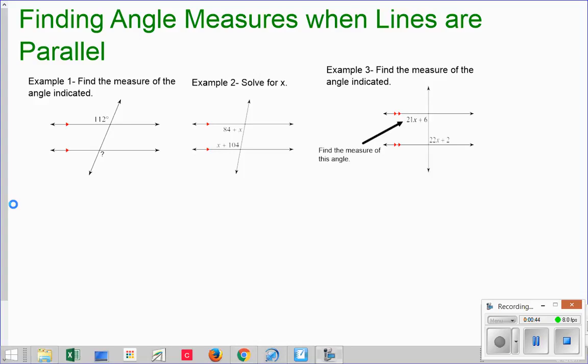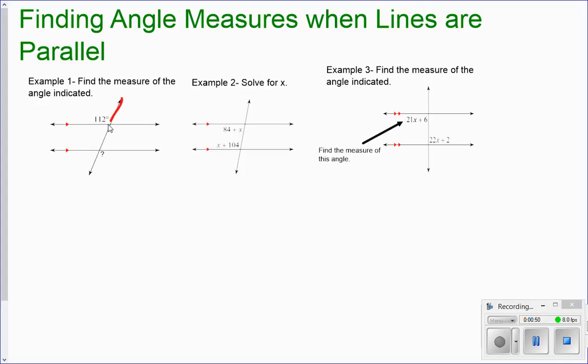So I guess what I first need to do in this diagram is decide what kinds of angles I have here. I can see that I have my transversal, we'll mark that in red, and I can see that I have the two lines that are parallel. I'm noticing that 112 is in the exterior, and the angle with the question mark is also in the exterior, and those angles are on opposite sides of the transversal.